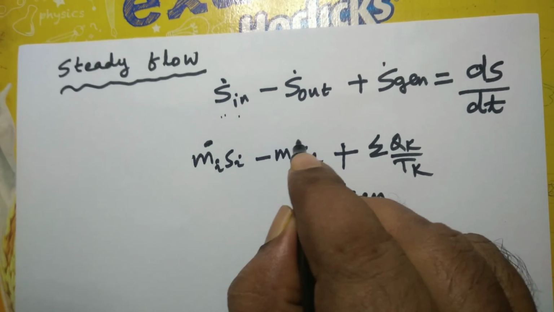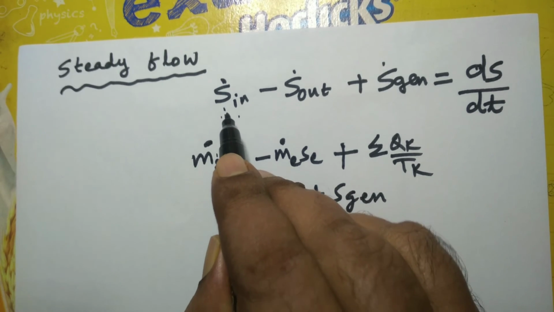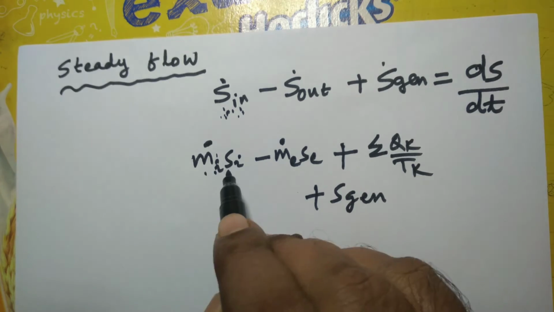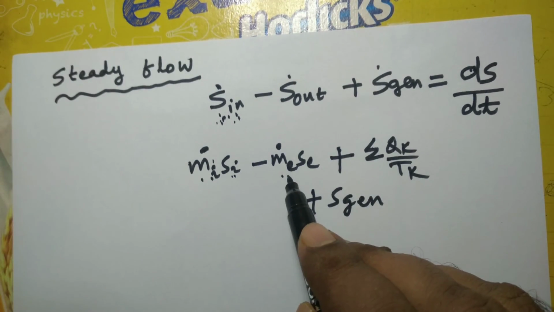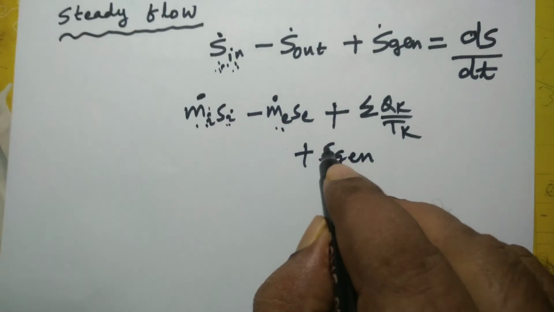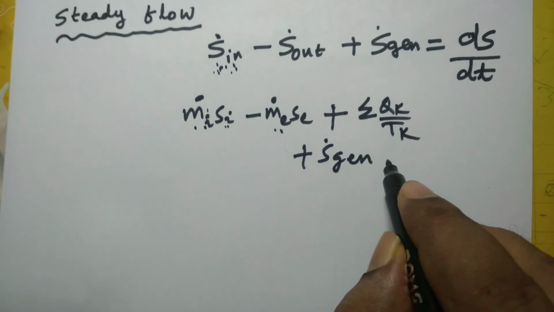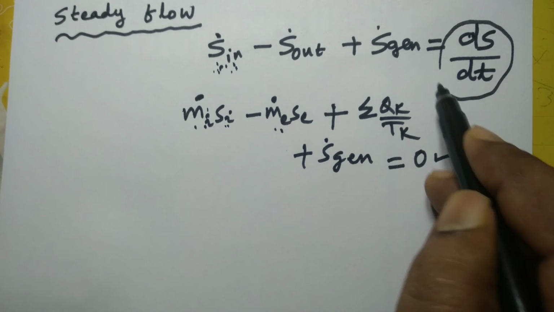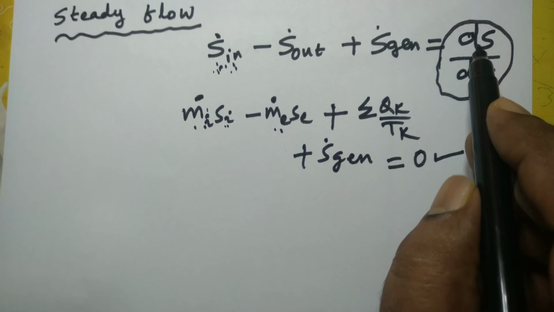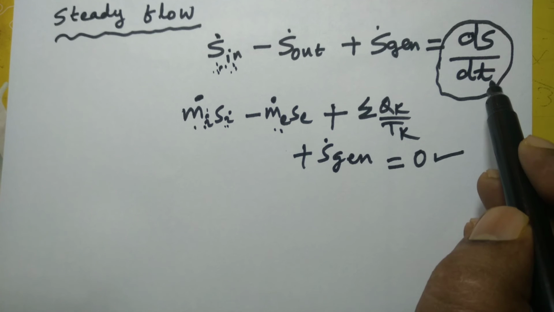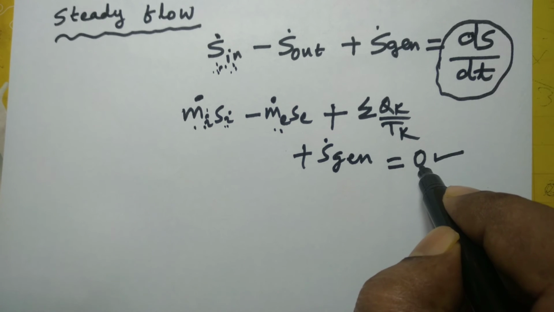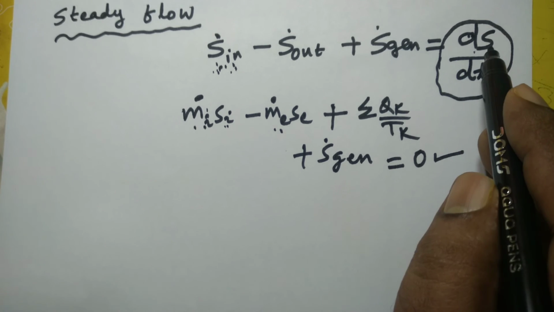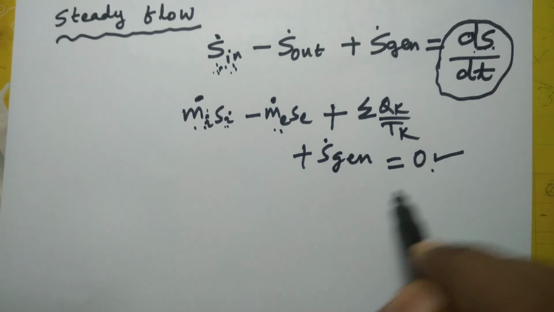This is Mi dot, this is Me dot, because this is the rate of entropy entering the control volume, that means mass flow rate into specific entropy. This is the mass flow rate of the exiting stream. Plus S dot gen is equal to 0, because for steady flow there is no change in property, and entropy is a property of the system. If you differentiate any property with respect to time, that will be 0. So for a steady flow process, the right-hand side, dS by dt, the change in entropy with respect to time, will be 0.